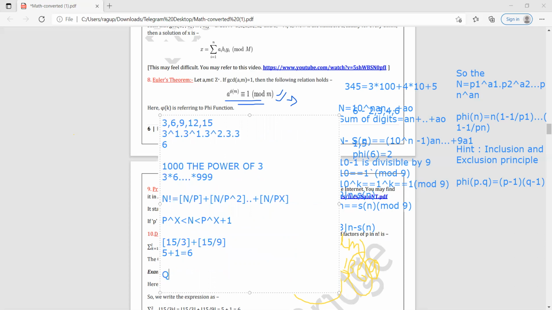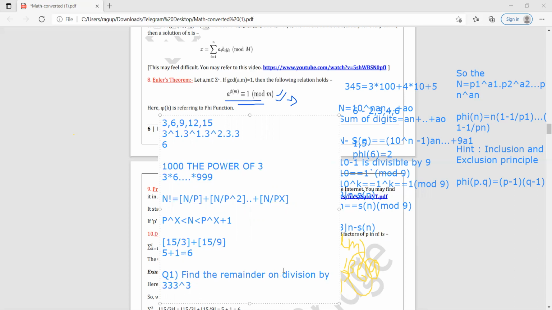Now there is a question which I am giving, which you have to comment down below. Find the remainder on division by 7 of 33 raised to 33.